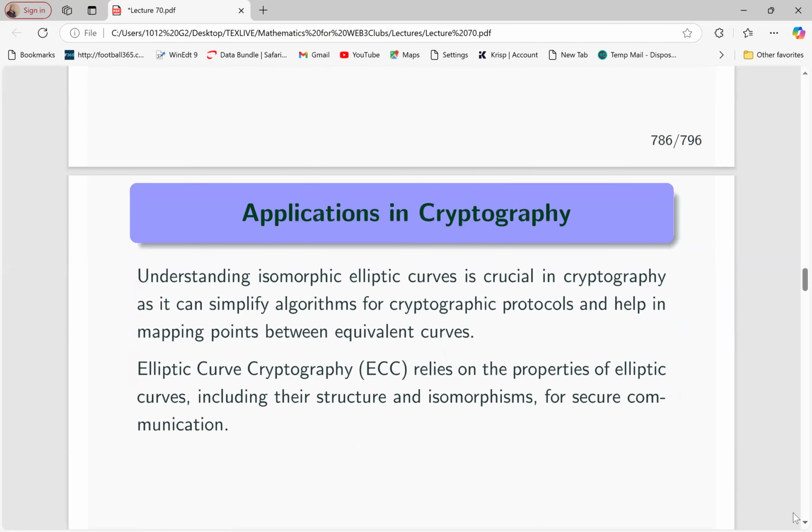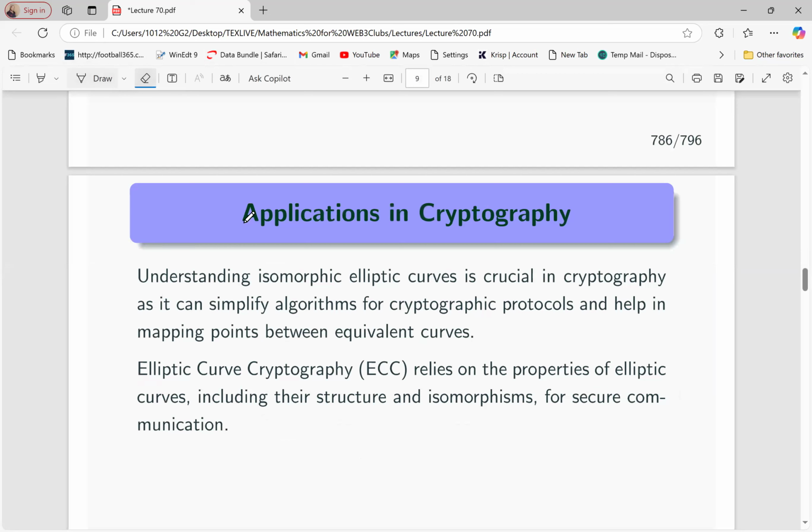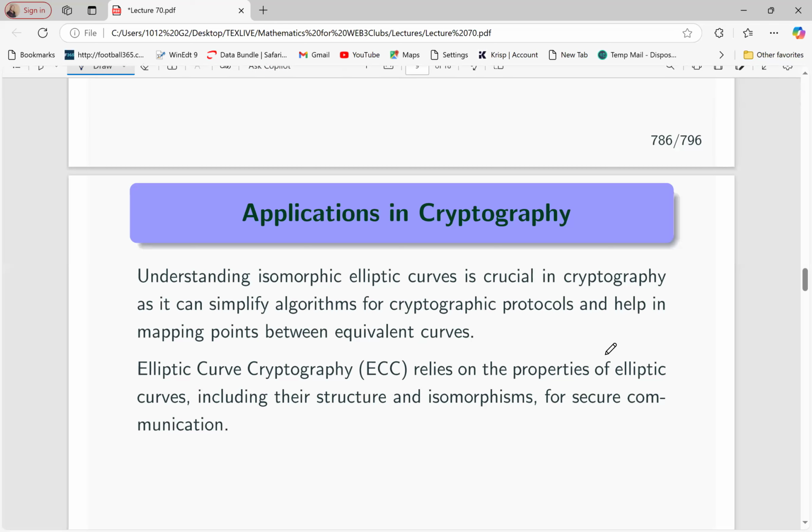Okay, so before we go to how to write the code for this, why are we looking at isomorphism of elliptic curves? I've said their knowledge is very important in cryptography. For instance, in terms of simplifying algorithms for cryptographic protocols, and it can also help in mapping of points between equivalent elliptic curves.